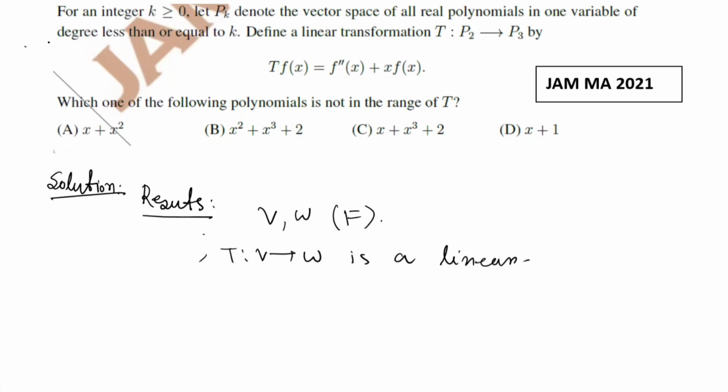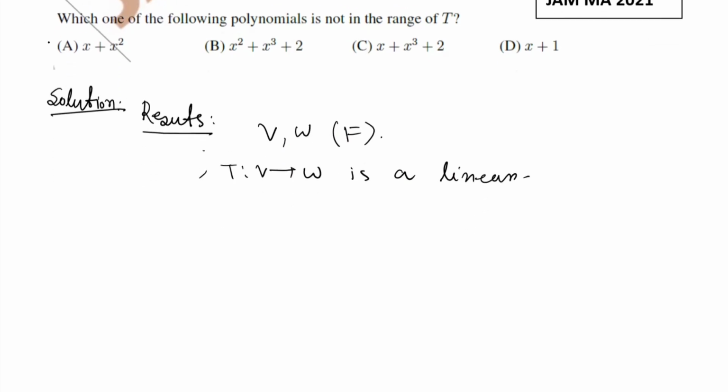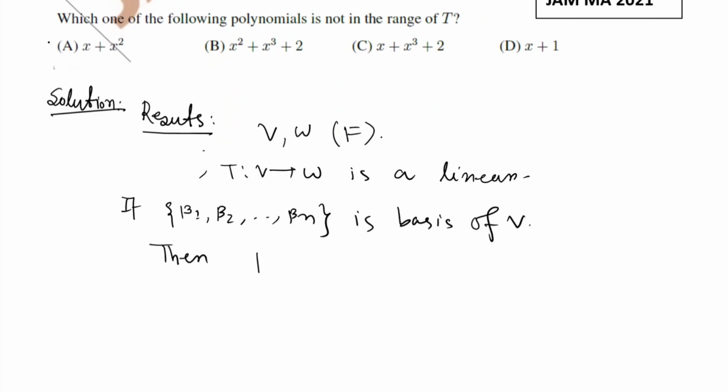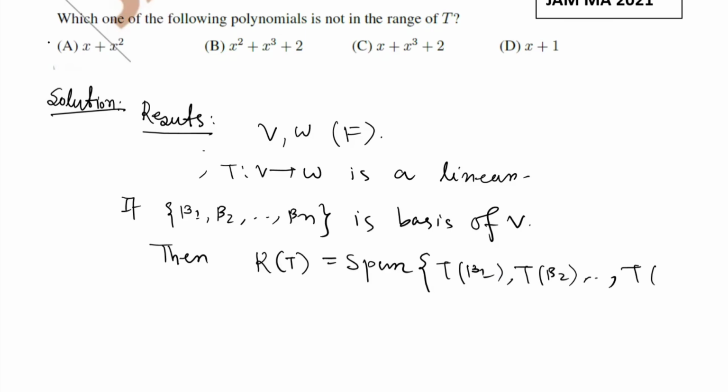If beta 1, beta 2, up to beta n is a basis of V, then the range of T is spanned by the set T of beta 1, T of beta 2, up to T of beta n.